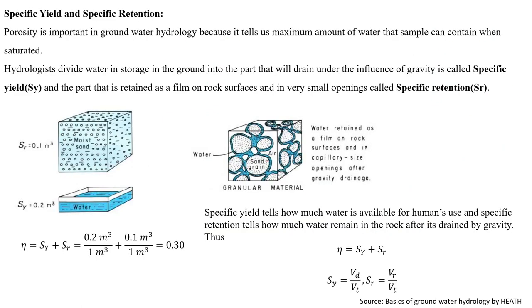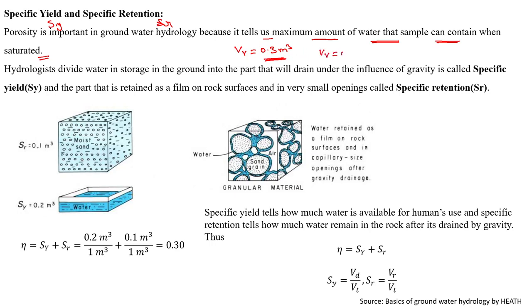Okay, let's move to the next two basic definitions. One is specific yield, which we denote with SY. Another is specific retention, SR. Porosity is important in groundwater hydrology because it tells us the maximum amount of water that a sample can contain when it is saturated. As I have shown you, if the volume of voids is 0.3 meter cube, then it is possible to hold this much water inside the sample.